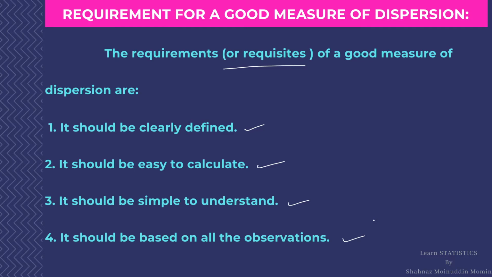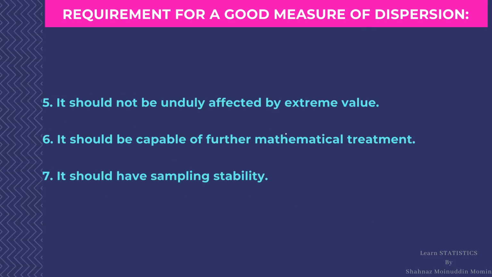Then and then only it measures the variability very well. Next one is it should not be unduly affected by extreme values. Extreme values means end values, the smallest and the largest value of the data. If we change the extreme values, then our measure of dispersion should not be affected very much. It is independent of the extreme values.